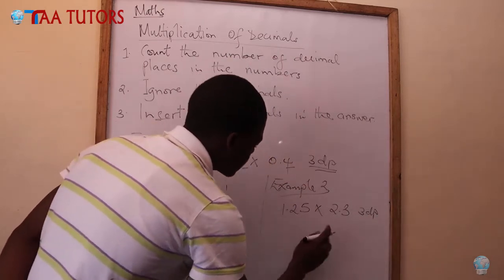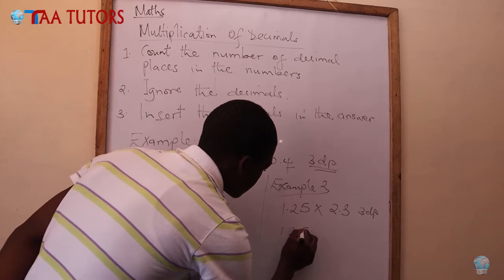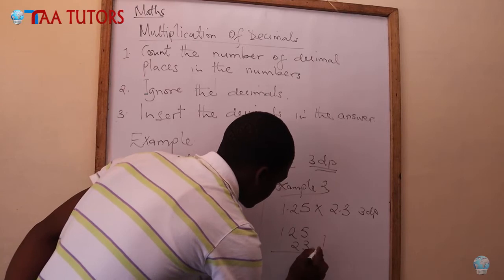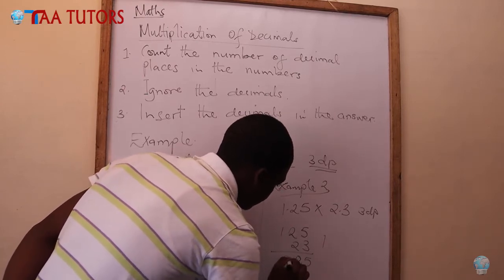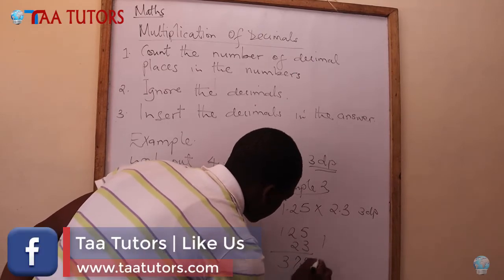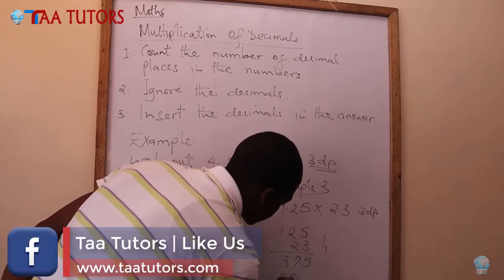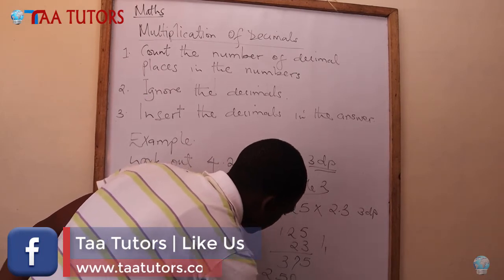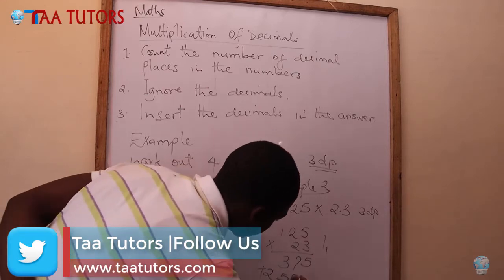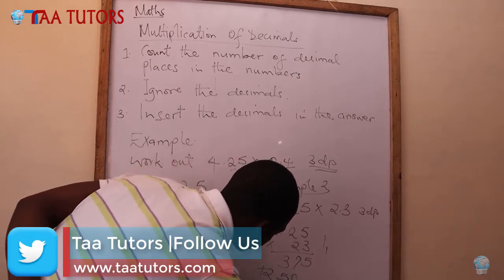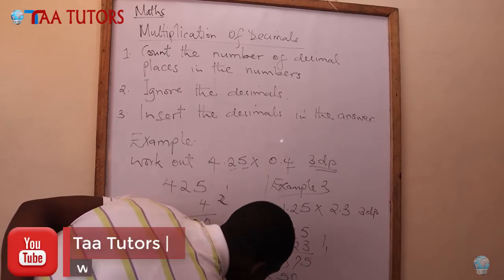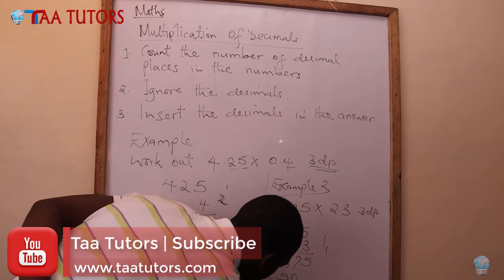Then we ignore them and multiply as whole numbers, 125 by 23. 5 times 3 is 15, and so on, and we add up. Our product here is 2875.